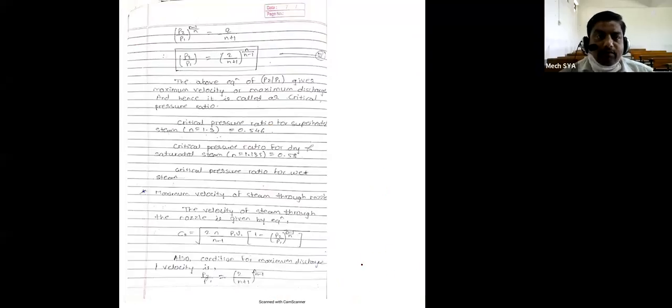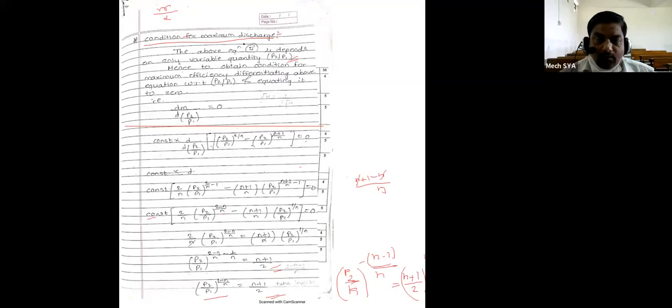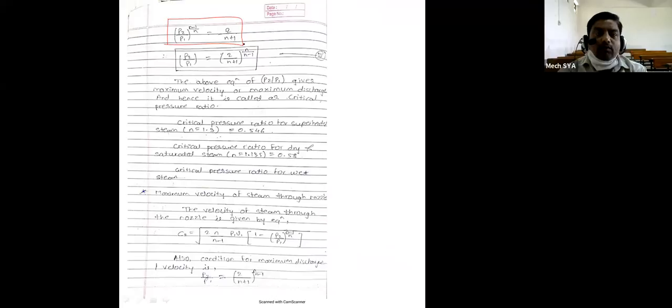So this is mathematical adjustment. P2 upon P1 raised to (n minus 1) upon n is equal to 2 upon (n plus 1). So this is simple, understood? Okay, others please reply.